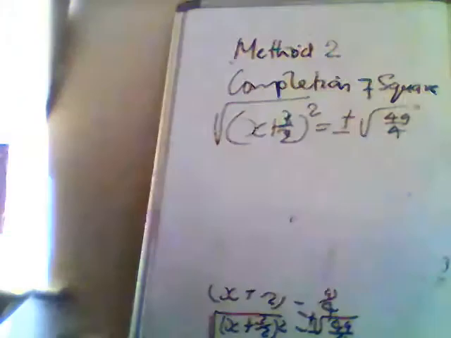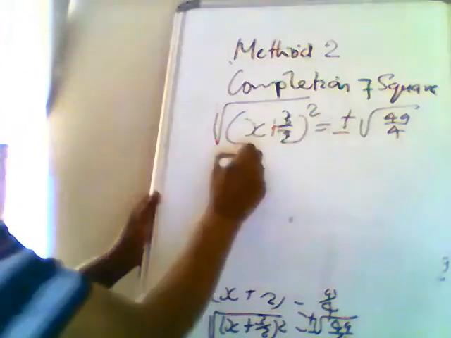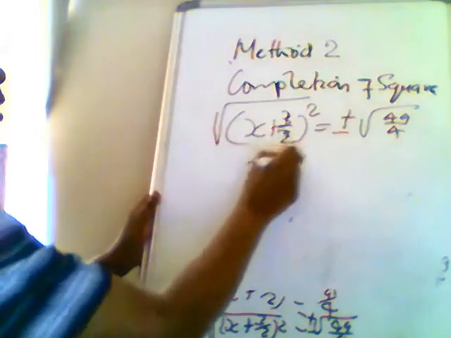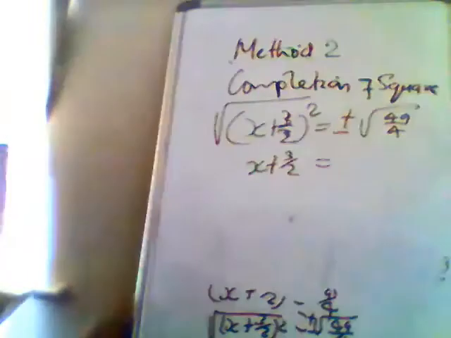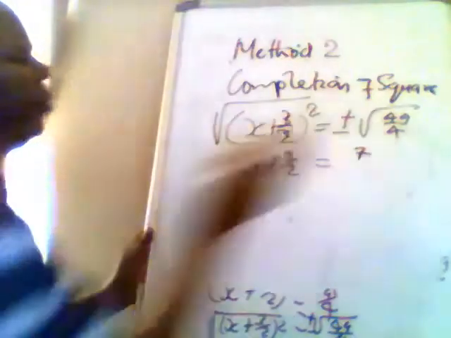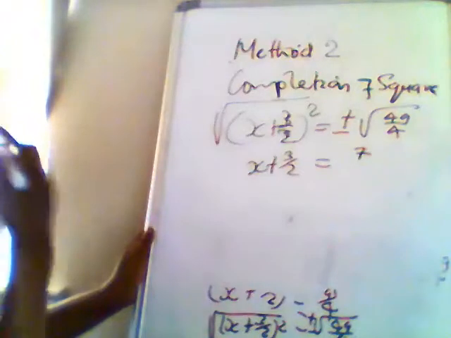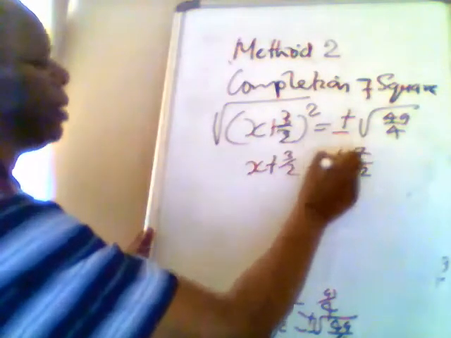That's what we have. So the square root of this is going to be x plus 3 over 2. The square root of the top number, square root of 49, is going to be 7, and the square root of the bottom, square root of 4, is going to be 2. So this is going to give me 7 over 2, plus or minus.